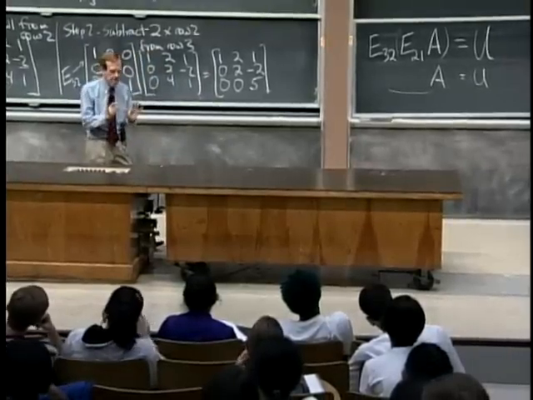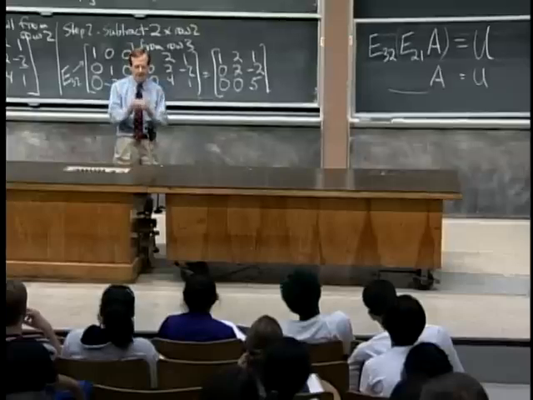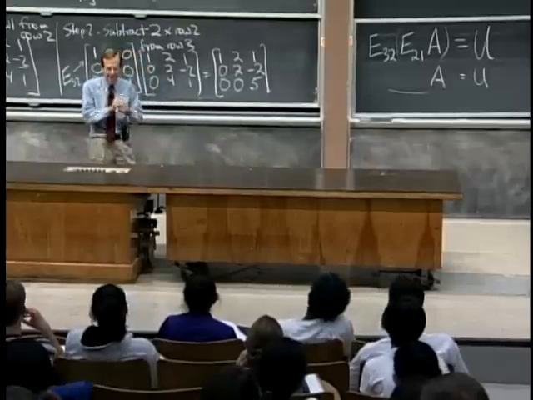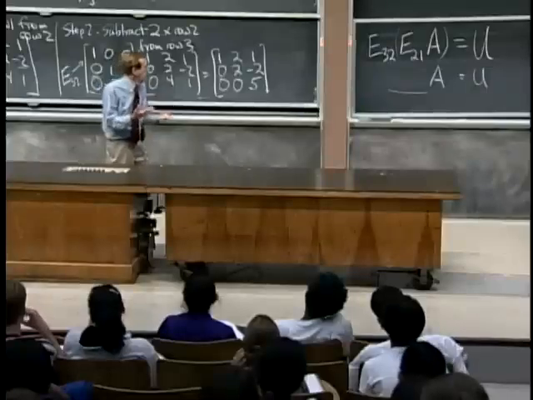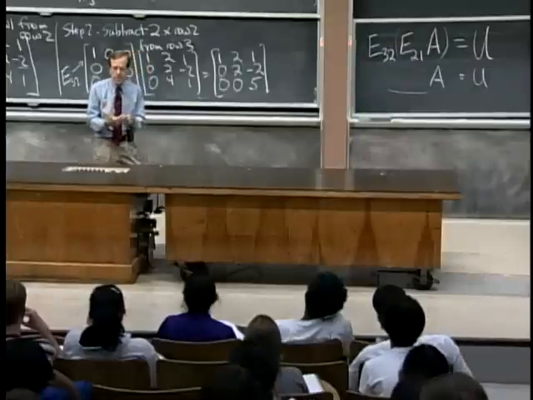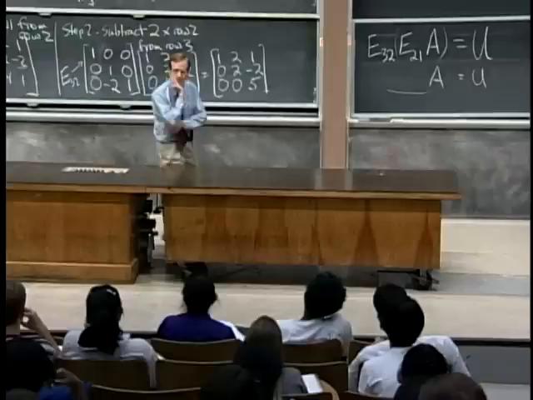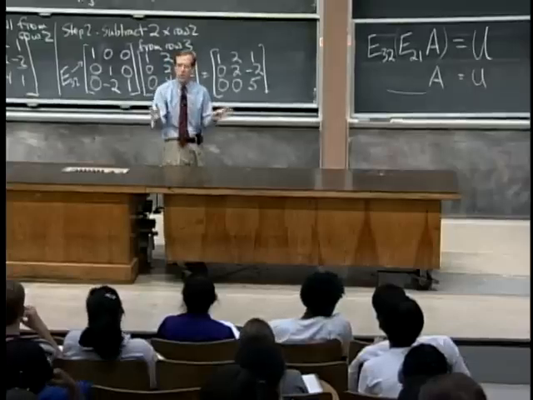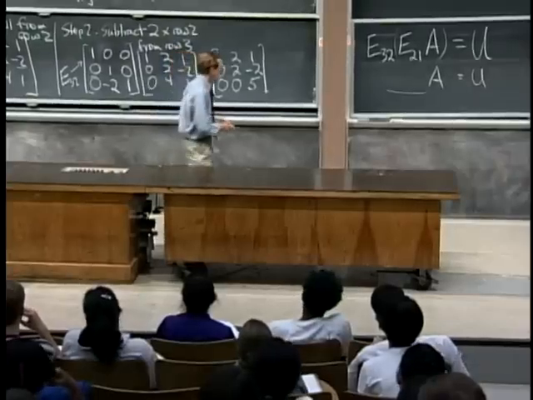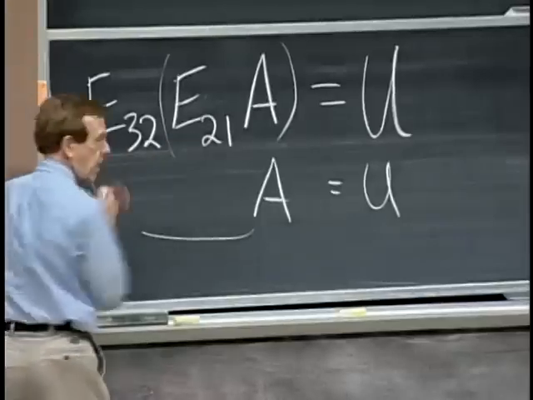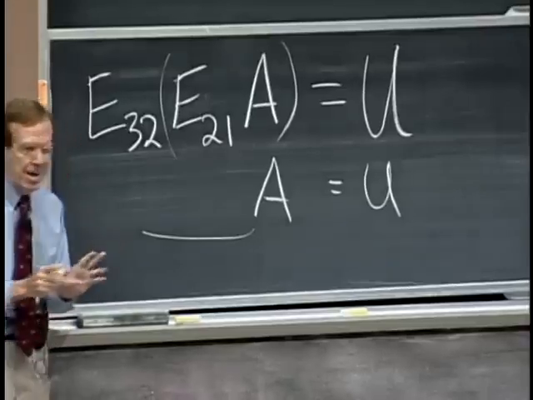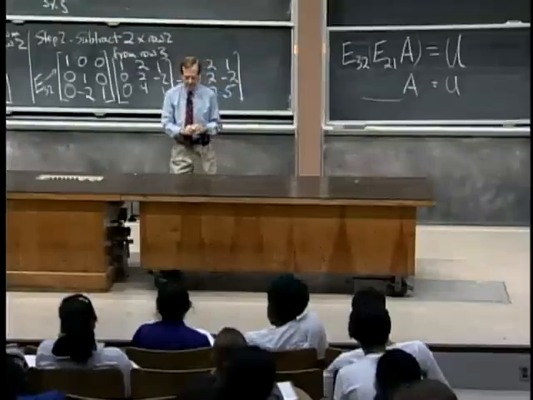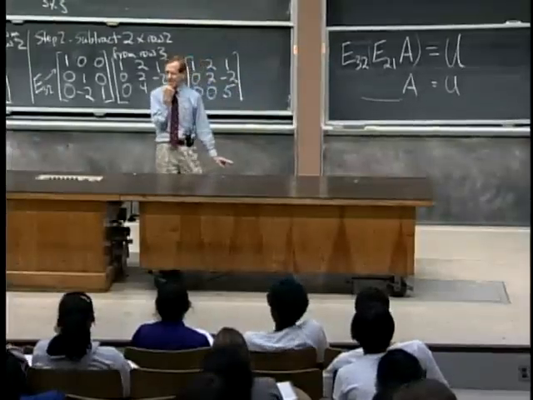So the answer is simple. I'm not asking, but it's highly important. How would I create the matrix that does the whole job at once, that does all of elimination in one shot? I would just put these together, right? I can move those parentheses.